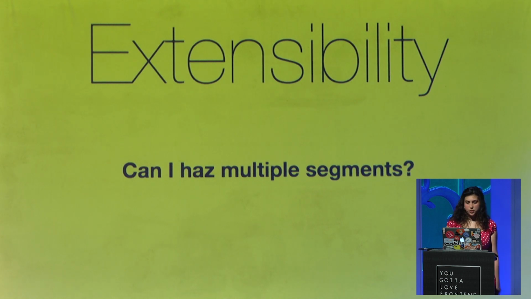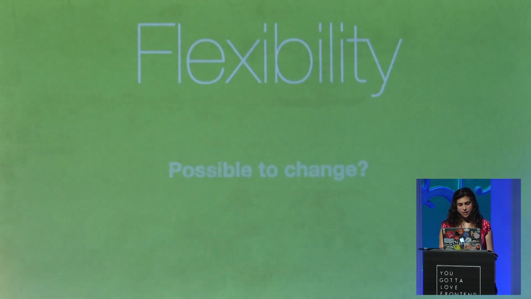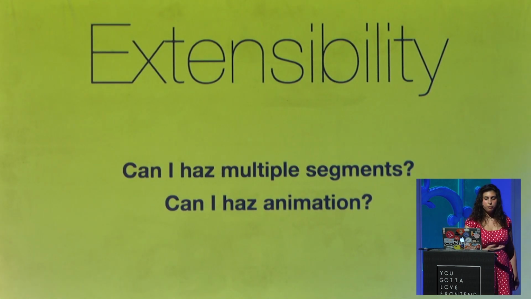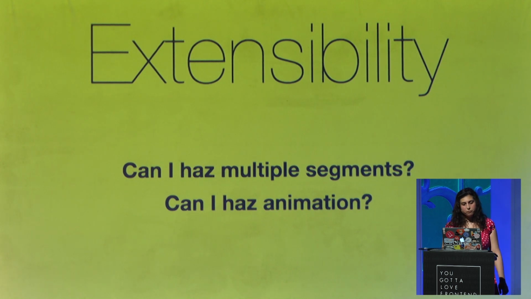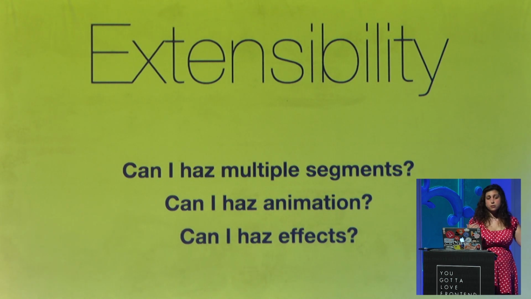Like in the pie chart I had a few slides ago. Here we need 2 segments. Or can we animate it? Can we have a pie chart that goes from 0 to 100% via an animation instead of statically? And we might potentially in the future want to have effects, like a gradient on the segments or a pattern or something, or even a background image.